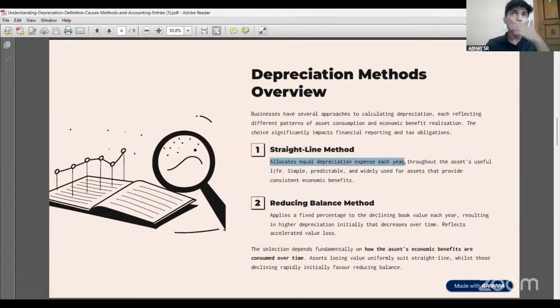If I bought a particular machinery for 10,000 pounds and its useful life is 5 years, then purchase price minus salvage value divided by its useful life is the rate of depreciation. I would show you that formula.